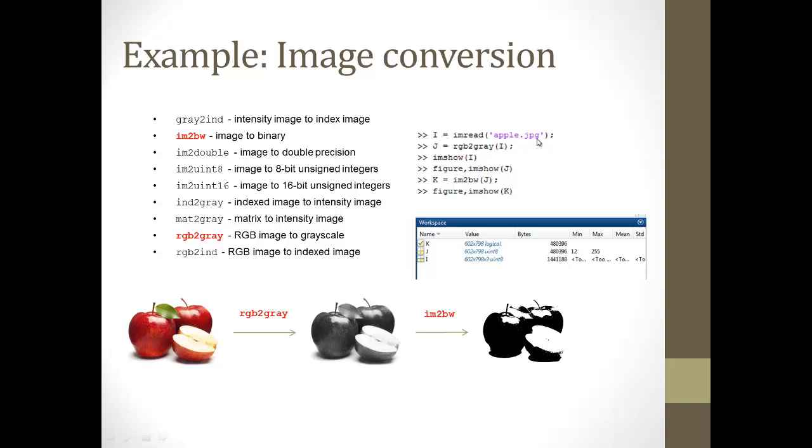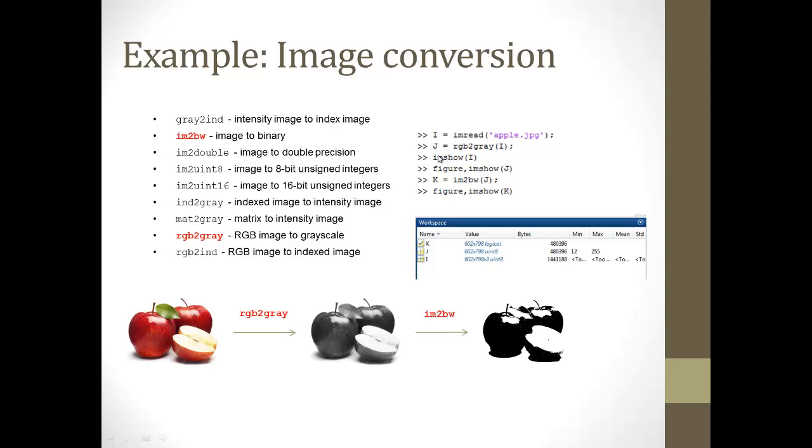First, read Apple.jpg into the matrix I. Then use the rgb2gray function to convert this color image to gray image J. Originally I is m by n by 3, a true color image, but after the conversion J is an m by n matrix, two dimensional, an unsigned 8-bit integer image. So that's J.